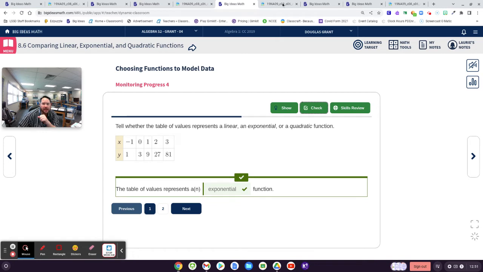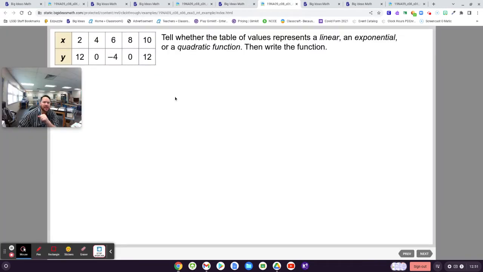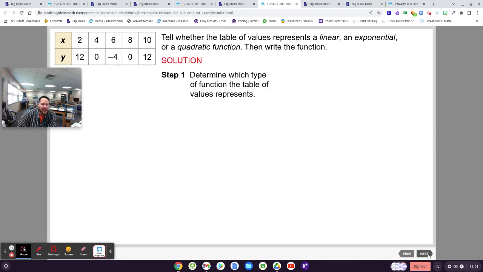Okay. Now, we're going to jump into this one. So not only do you have to know first to identify whether it's linear, exponential, or quadratic, but then you also have to be able to write the rule for it. Now, we've done that for linear. In fact, we've done it for all three, but it's been a while since we've done some of these. So let's review this one. So first, we got to find, is it linear or exponential or quadratic?